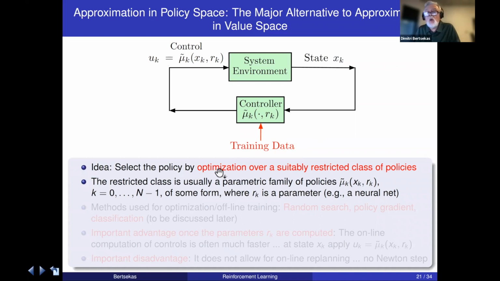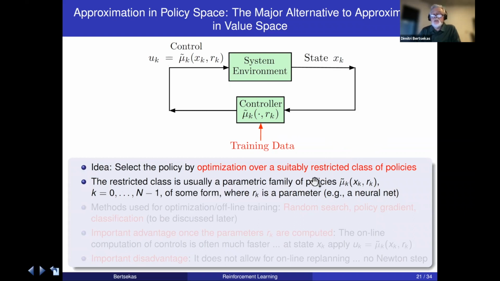Well, you do this by optimization over the parameter space. This minimization may involve training data, may involve some measure of performance. We'd like to find r_k that leads to low cost, okay? So it may be an optimization over r_k to reduce the cost of the problem, starting from some initial state or from a subset of initial states.